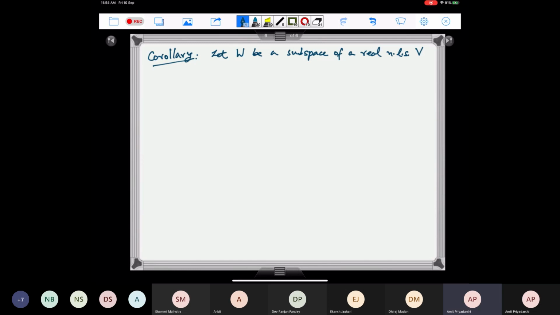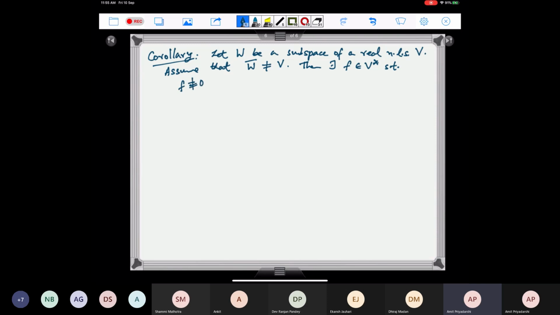So W is a subspace of a real normed linear space V, and assume that W is not dense in V. So the closure of W is not equal to V. Then there exists f in V star such that f is not identically 0.